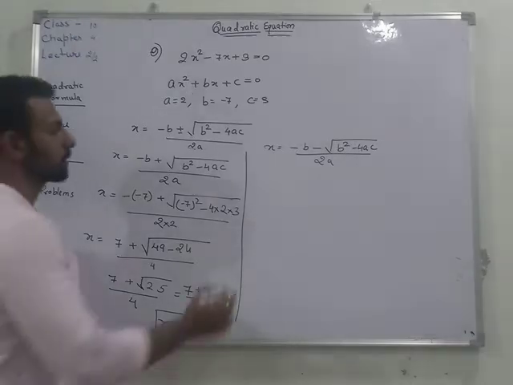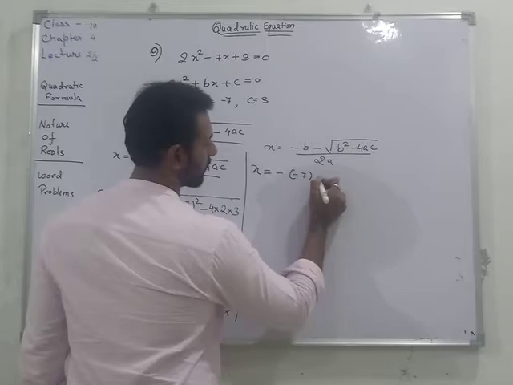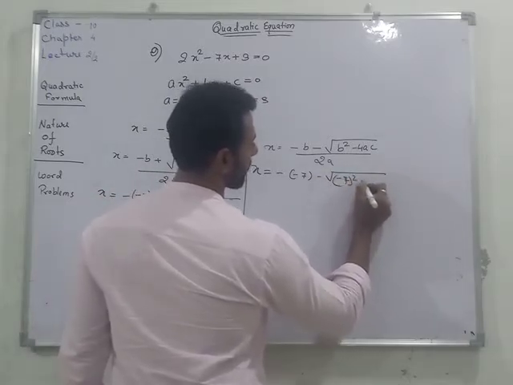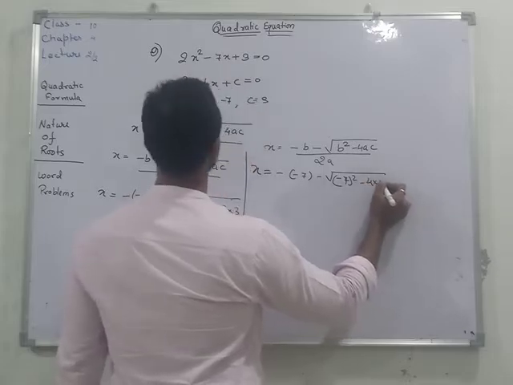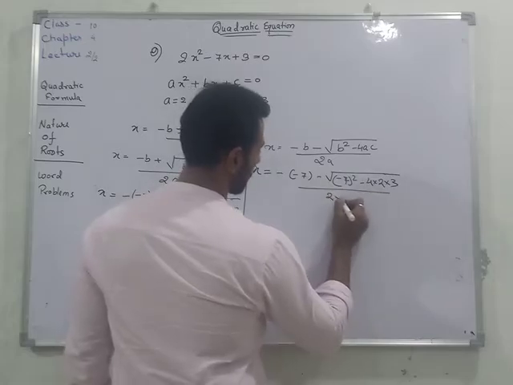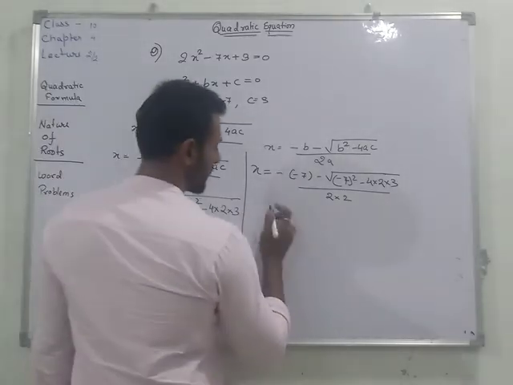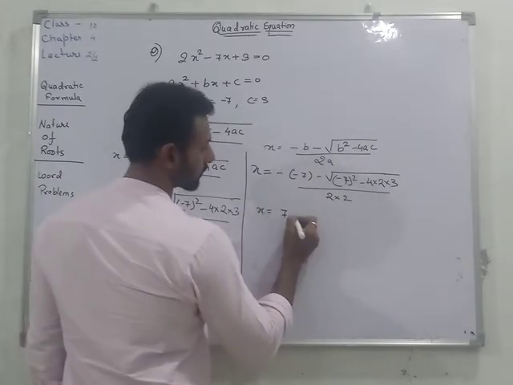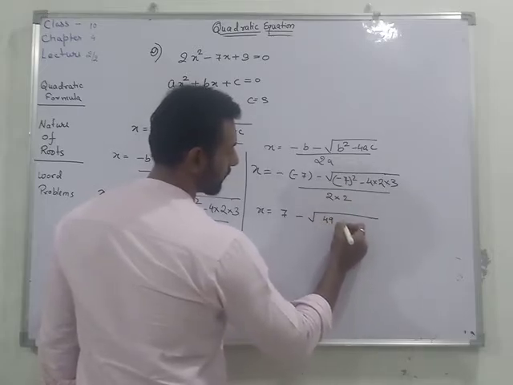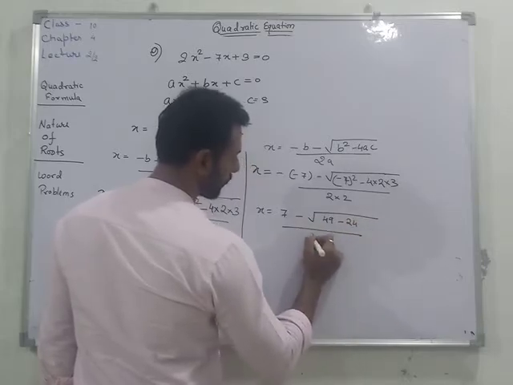Substituting the values, x is equal to minus of minus 7 minus under root of minus 7 square minus 4, a is 2 and c is 3, upon twice of a. Minus of minus 7 minus under root 7 square will be 49 minus this will be 24, upon 2 into 2 will be 4.